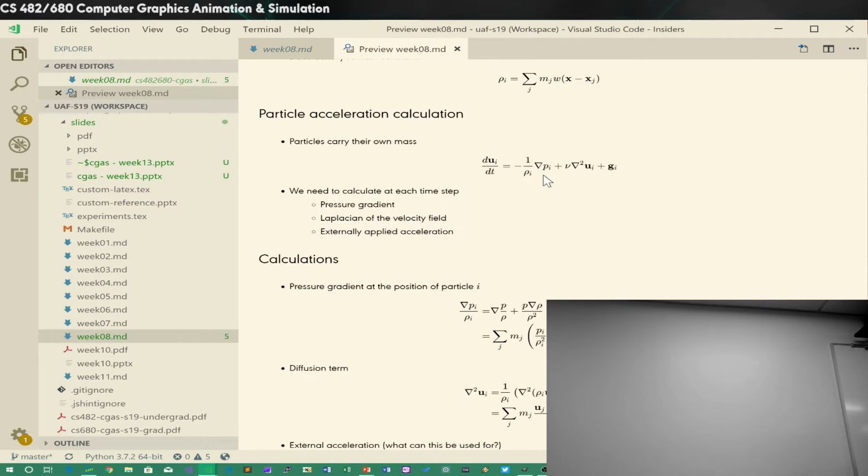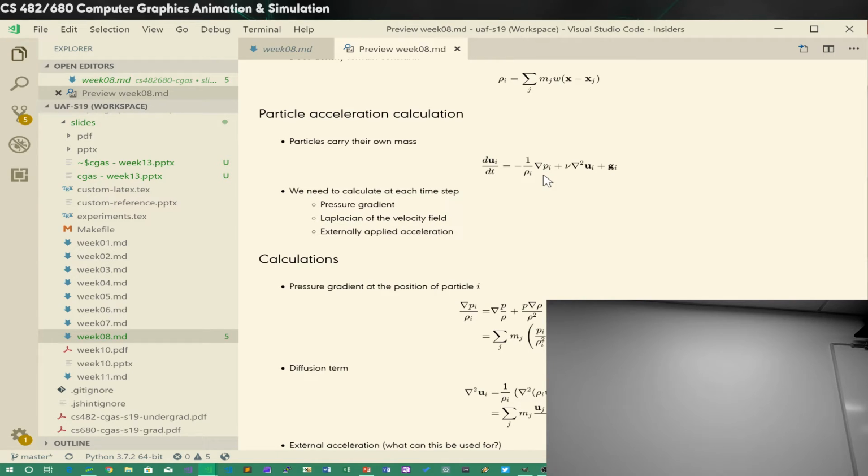Acceleration. So we're trying to compute acceleration. What are we going to use the acceleration for? To control particle position. Yeah, that's our force. That's like our acceleration operator for the particle.